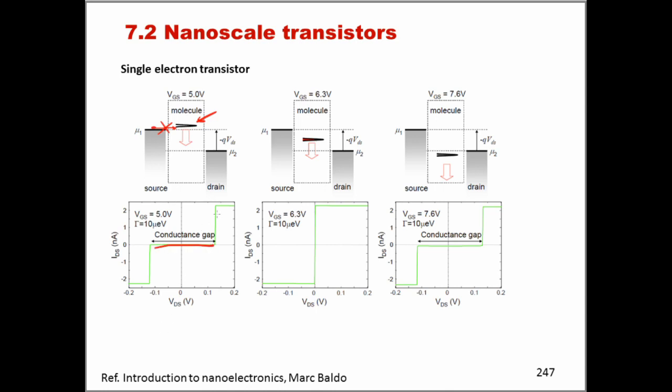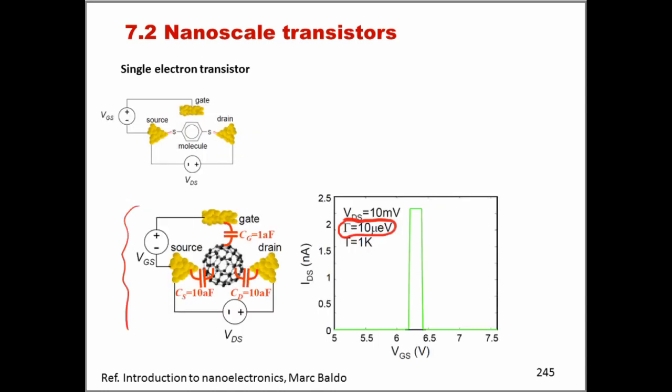This is now the output characteristic, as you can see, IDS versus VDS for VGS 5 volts. The reason that at a certain point, though, if we increase too much VDS, the current could actually turn on the transistor, is because if we look at the schematic of this peculiar device, this is all based on electrostatic coupling.